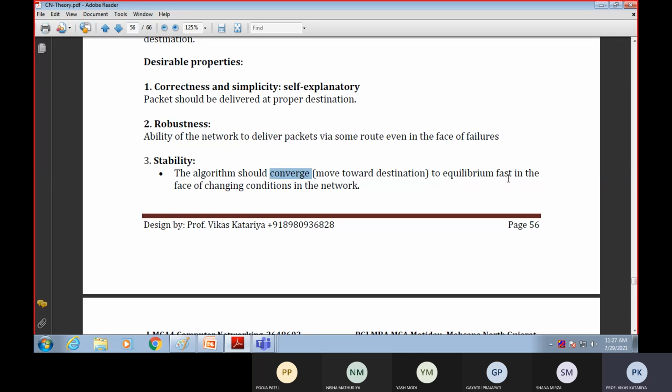There is a change in the network, so routing algorithms should take a decision if the topology gets changed. This is called convergence. If the network architecture gets changed, the packet should still be delivered to the right destination. It should not fail. So this is called stability.